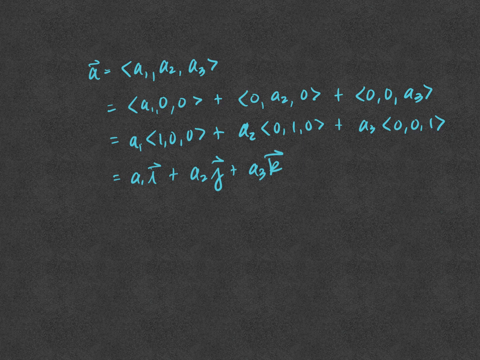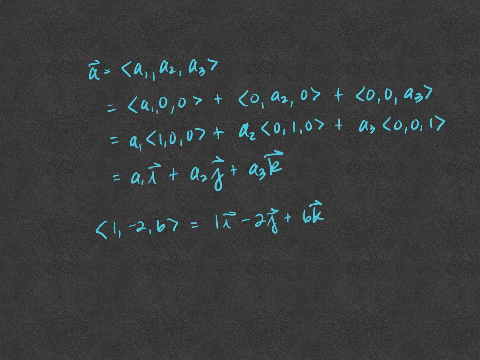And why would we bother to do that, you ask? It's because any vector in 2 space or 3 space can be written in terms of the standard basis. So let's say that you're given the vector 1, negative 2, 6. This can be written in that same format. So we'd say 1 vector i minus 2 vector j plus 6 vector k.